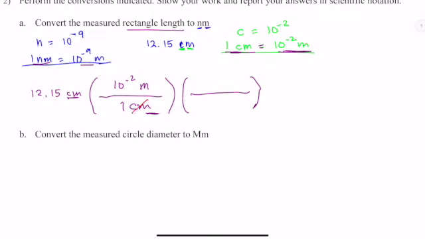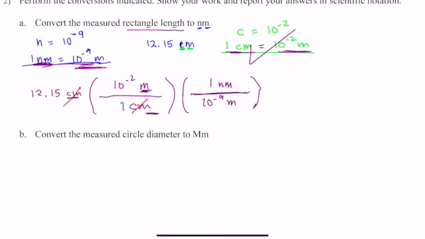So centimeters and centimeters will cancel out, and the units next up on deck to cancel out are meters. I'm going to use this one, and I need meters on the bottom. The only option here is 10 to the minus 9 meters, goes on the bottom. On the top of this fraction is the other side of the equality, which will be 1 nanometer.